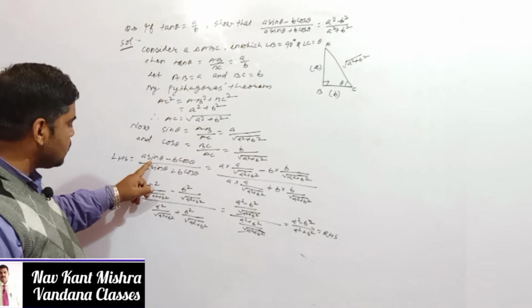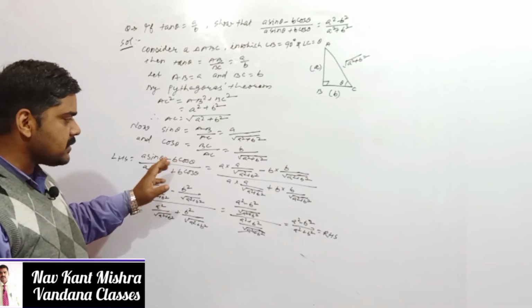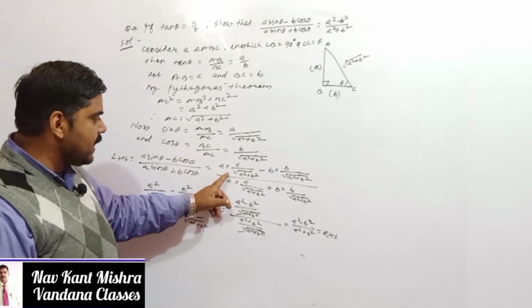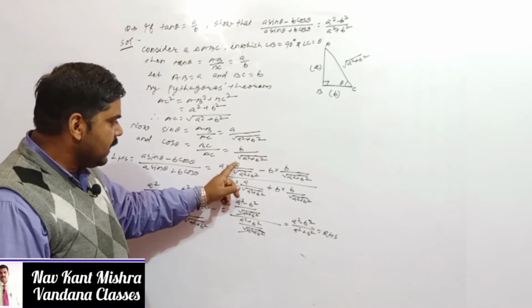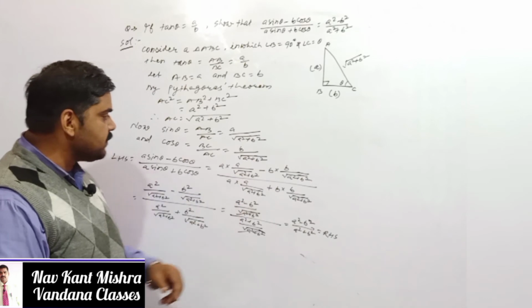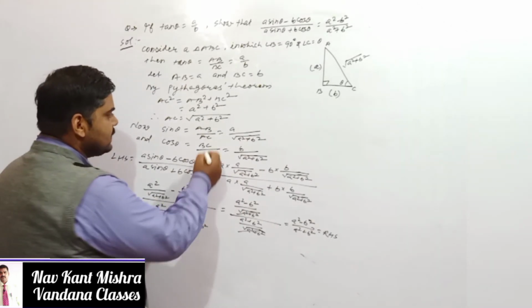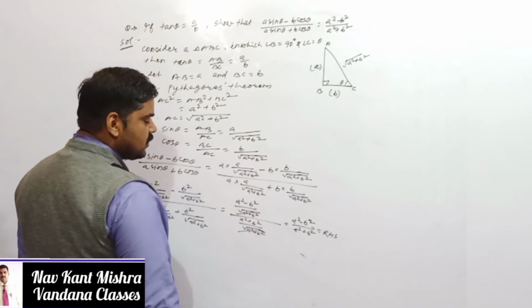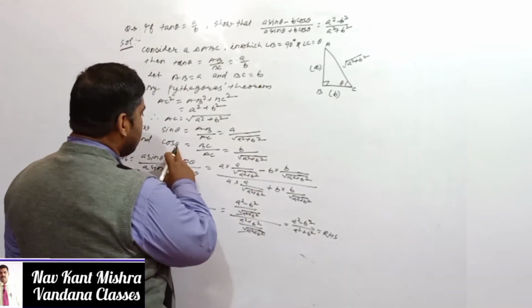You need to put the values of sin theta and cos theta in this expression, and by putting the values you get a into a upon square root under a square plus b square, because sin theta is equal to a upon square root under a square plus b square. And what is the value of cos theta?